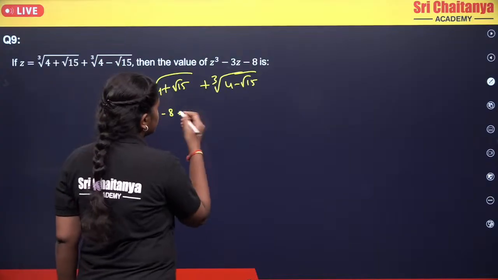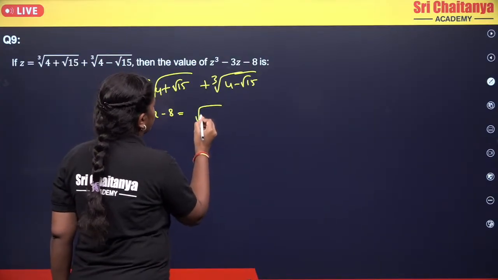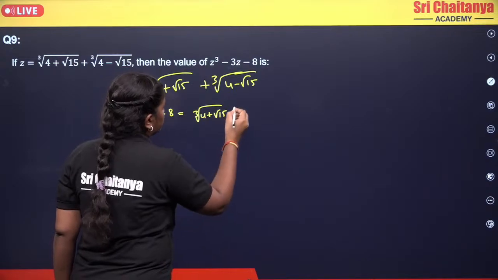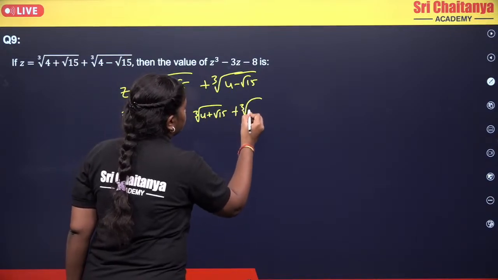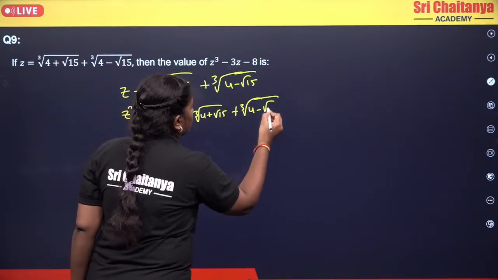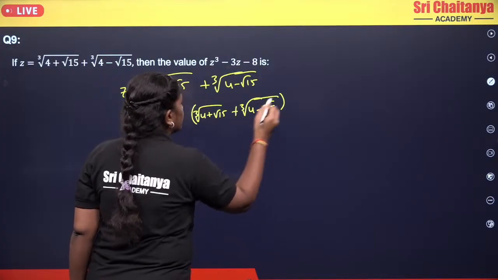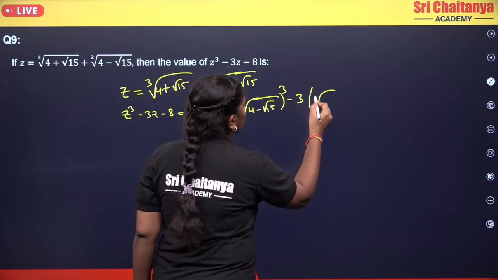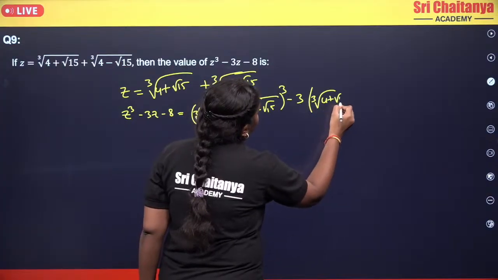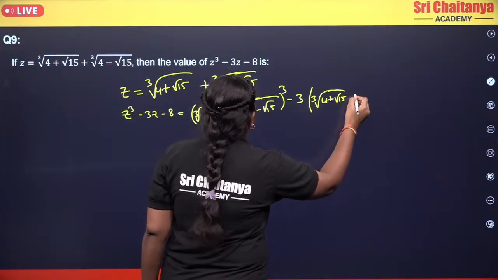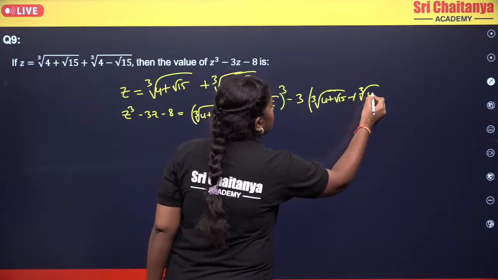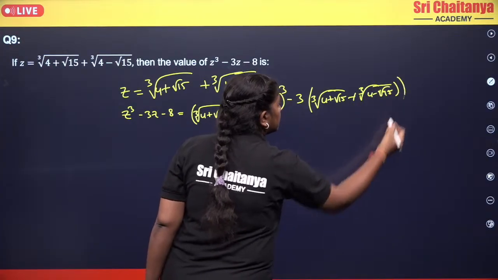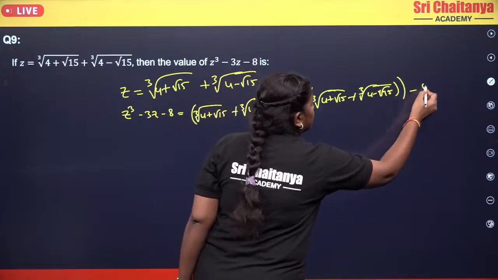So here z cube means we can take (cube root of 4 plus root 15 plus cube root of 4 minus root 15) whole cube, okay, minus 3 into (cube root of 4 plus root 15 plus cube root of 4 minus root 15). Okay, so this is how we will get, and here we will be having the minus 8.